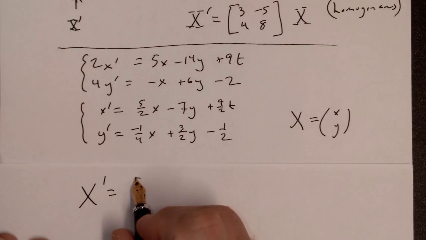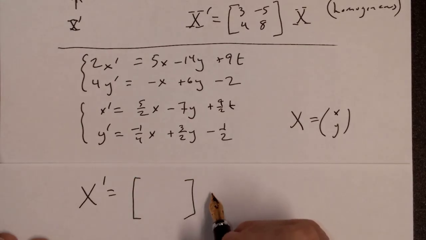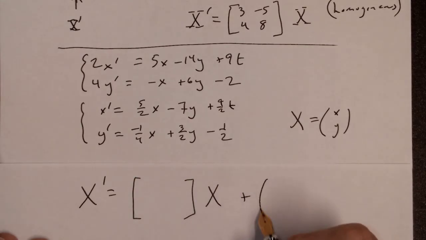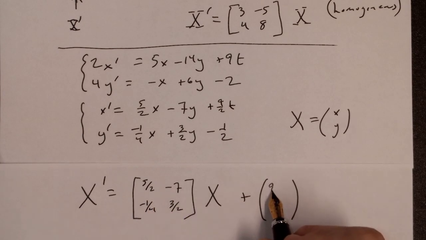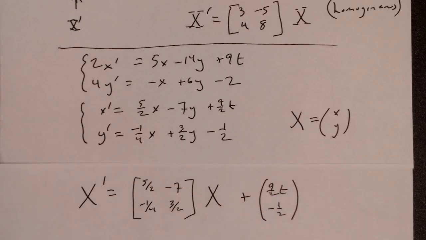X prime equals matrix A times X plus this extra vector. And this extra vector contains all the things that aren't X and Y. So the 5 halves and the minus 7 and the minus 1/4 and the 3 halves go here, but here I get 9 halves t and negative 1/2. And those are my non-homogeneous bits.